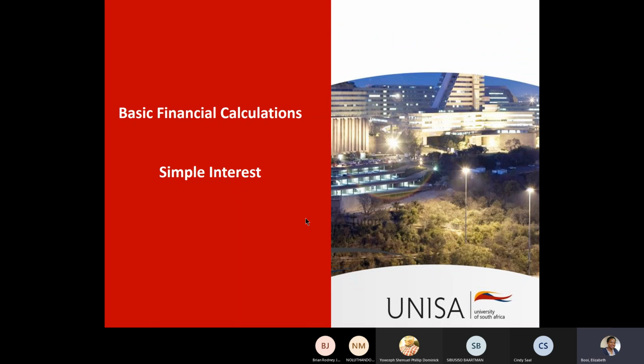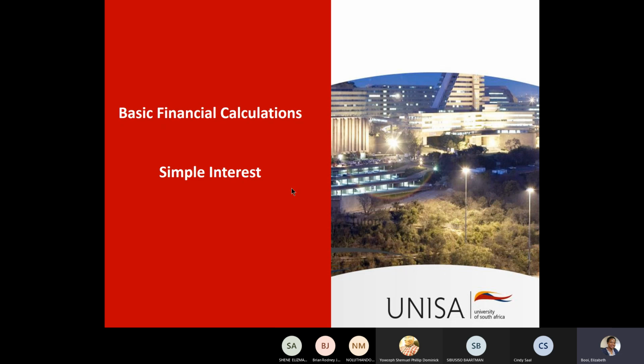So on Monday, we started this discussion. We looked at how we calculate simple interest, which means interest that you pay at the beginning of the term, or at the beginning of when you take up your loan, or when you save up your money.